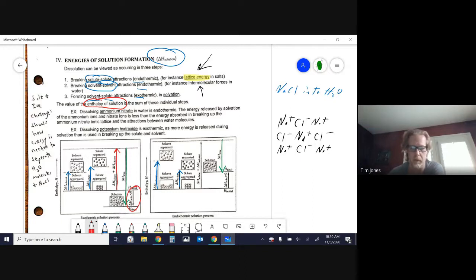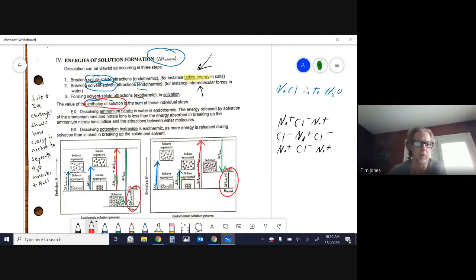Over on the right picture, the total is about the same. It's a little more. But more importantly, in this case, the new interaction that I have in green is not, I mean, it is giving off energy, but not that much. And so the result is here, and that is an endothermic process.